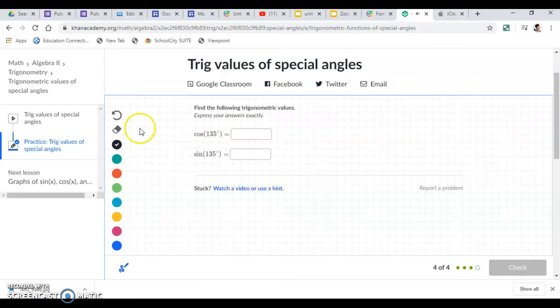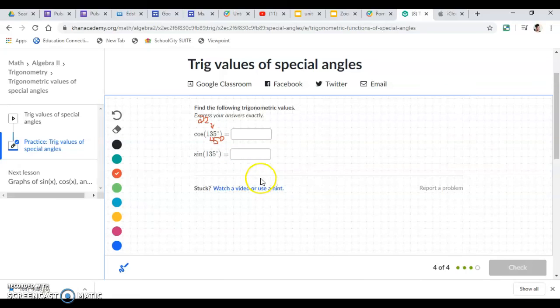The cosine of 135 degrees and the sine of 135. We did this one before. We know the reference angle is 45, right? Because 135 is in quadrant 2, which means if I need to find the reference angle, I think about how much I would add to 135 to get to the x-axis, which would be 180. Well, that's 45 degrees, right?